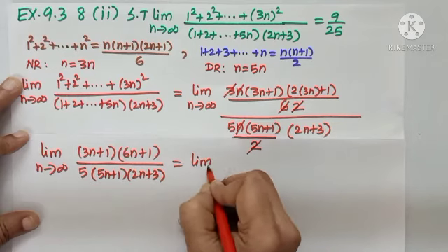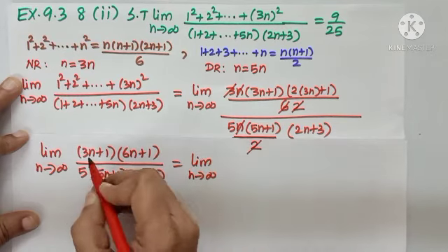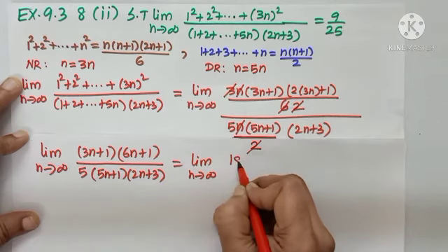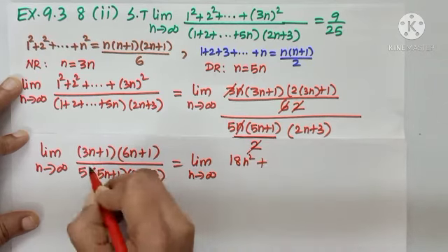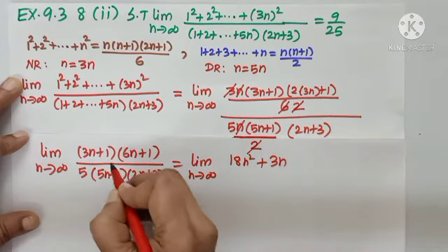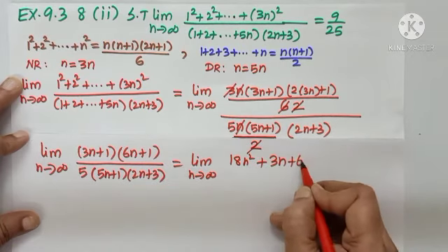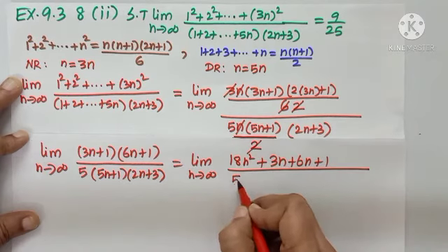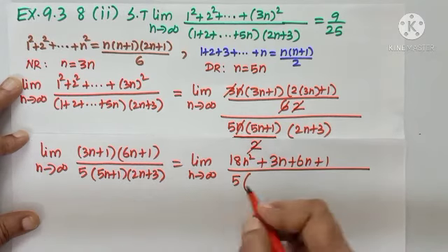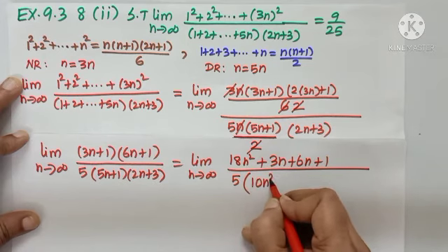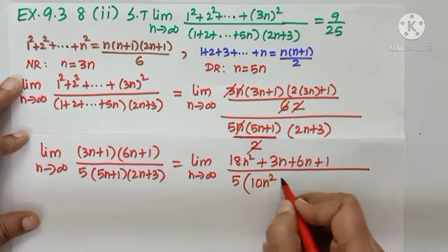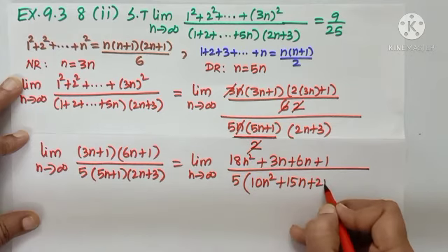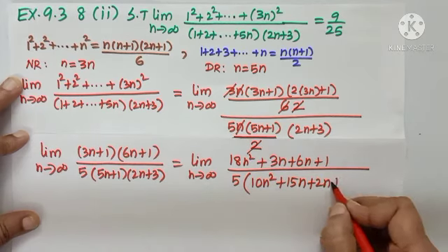As we simplify, the numerator we can multiply: 3n into 6n, 18n², 3n into 1, 6n into 1, 1 into 1. Denominator, 5 as it is, 5n into 2n, 10n², 5n into 3, 15n, 1 into 2n, 1 into 3.